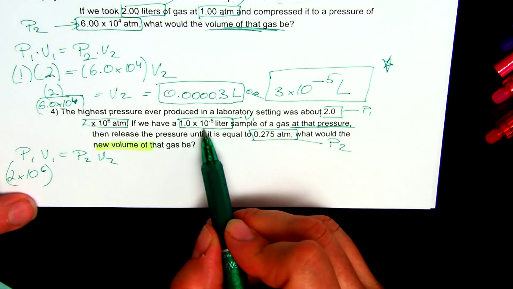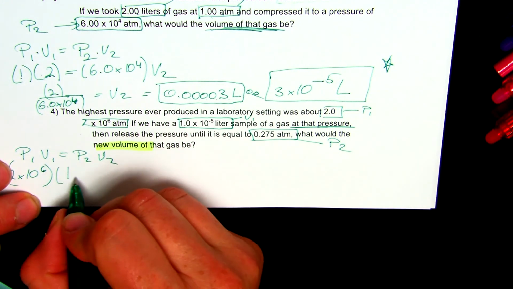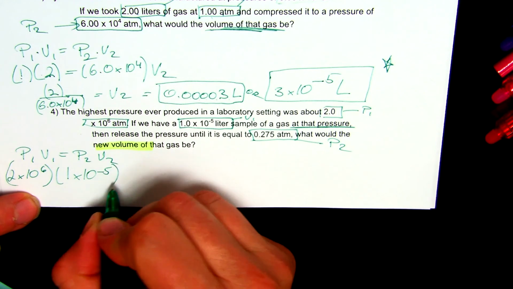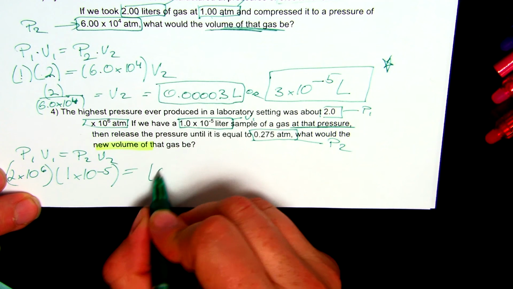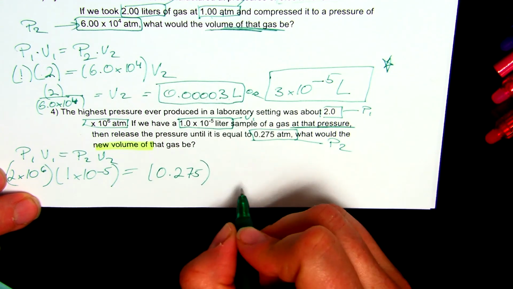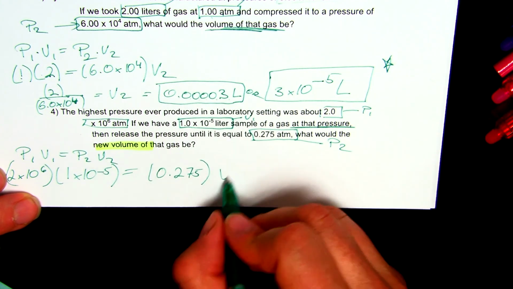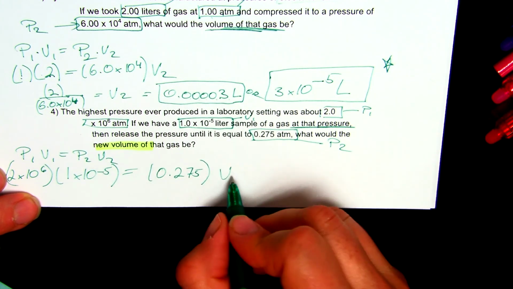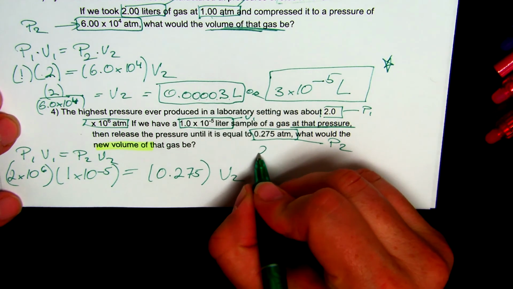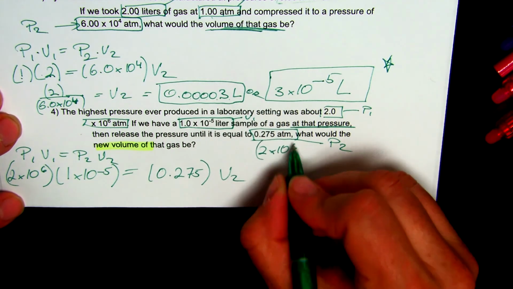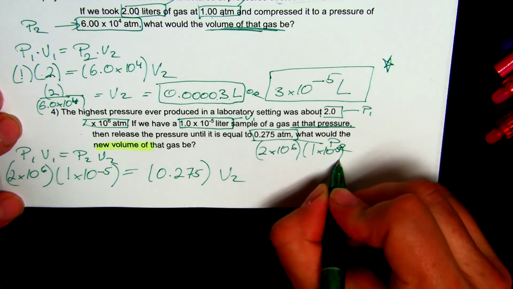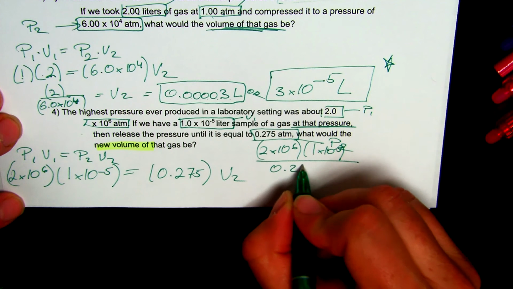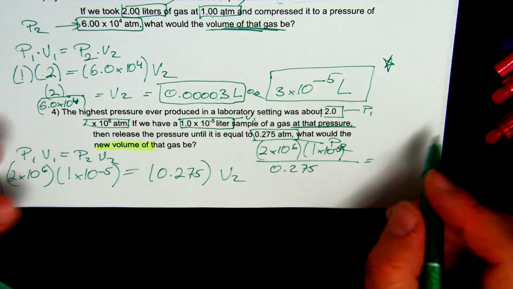My volume 1 is 1 times 10 to the negative 5th. My pressure 2 is tiny, 0.275. And I'm looking for V2. How do I solve this? 2 times 10 to the 6th times 1 times 10 to the negative 5th, divided by 0.275, and I get my V2.